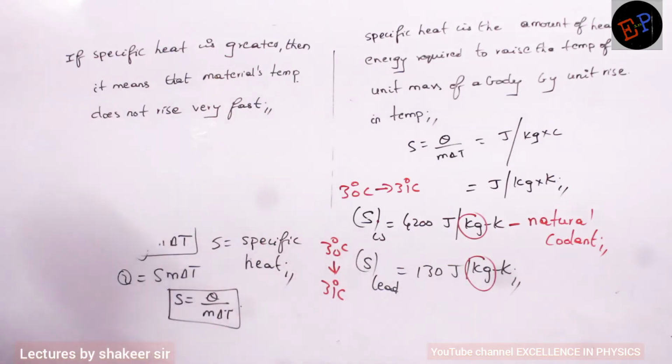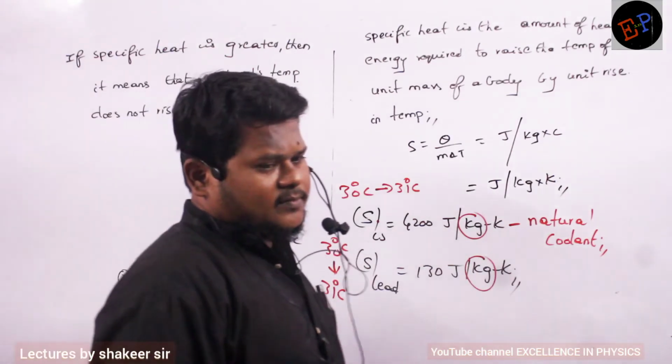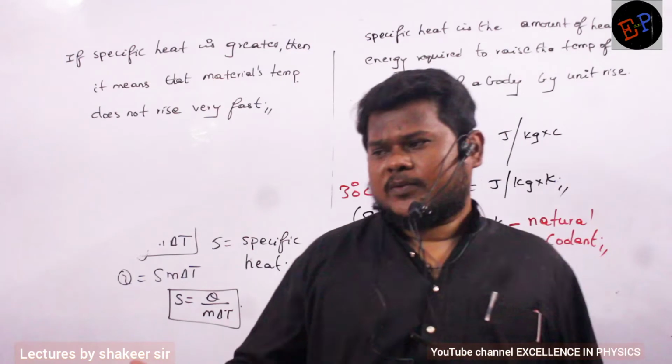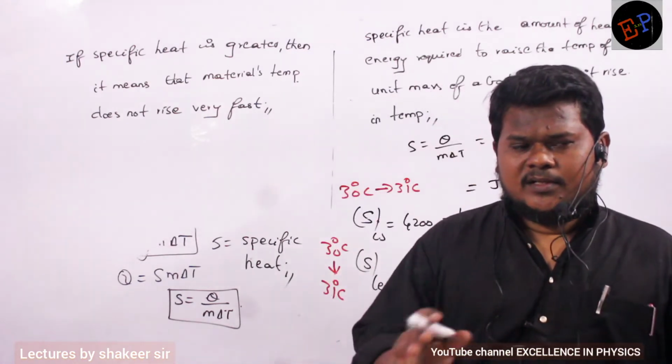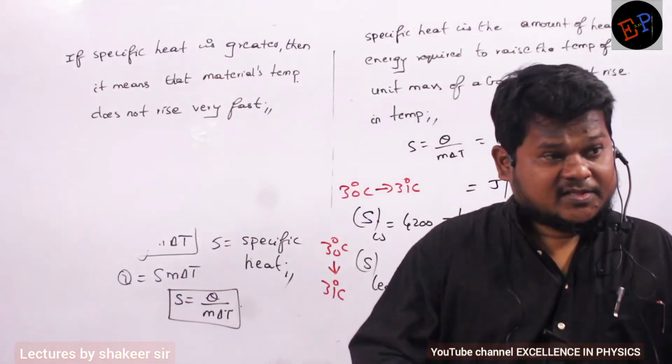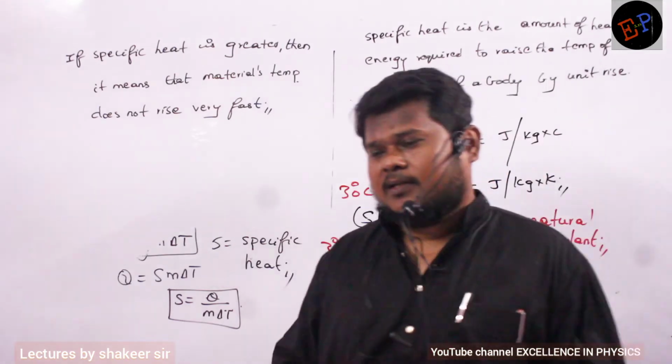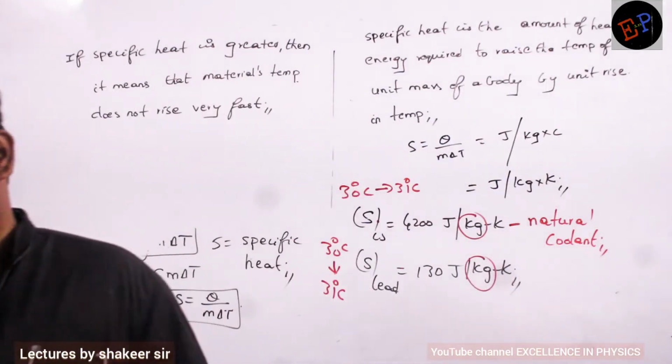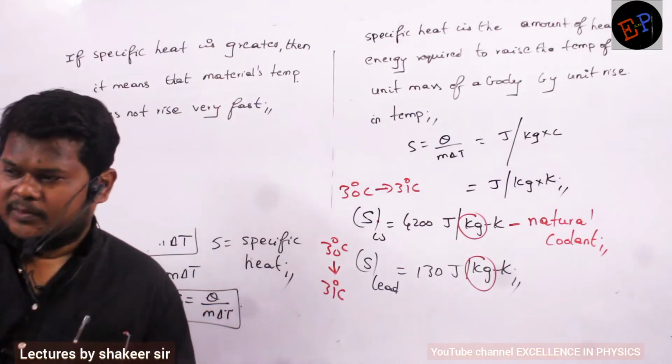So specific heat, if it is greater, it means that even though you supply huge amount of energy, its temperature will not rise. It is taking energy, but still its temperature will not rise. That is called specific heat.